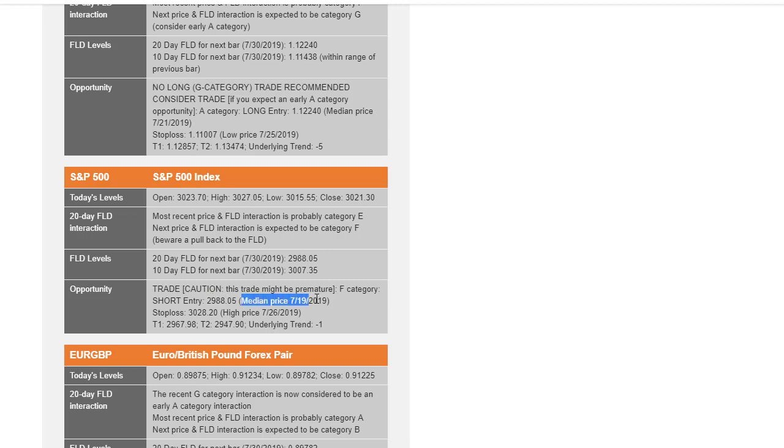And if you're trading a derivative instrument, such as maybe you're not trading the S&P 500, maybe you're trading an ETF or something that is closely related, then in fact you would look at the median price on the 19th of July in your particular instrument. As long as those instruments are closely related, you can derive the price at which you should enter, because that would be the price at which that FLD is on the next day.